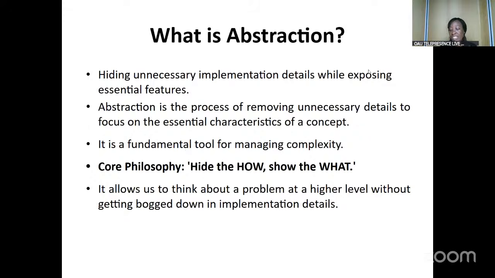So what is abstraction? You always hear the word abstract. Before now, or in the olden days, we used to think that abstraction was something we could not see or something we could not visualize. But now, using this slide, you should know that abstraction is not that.